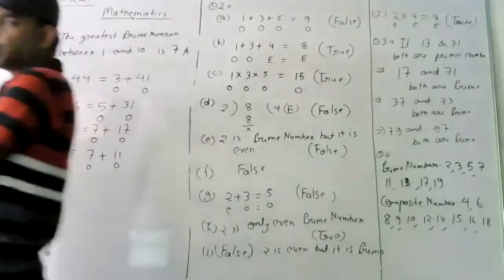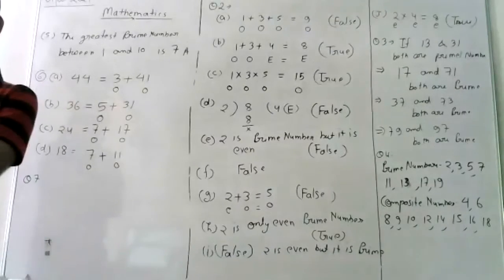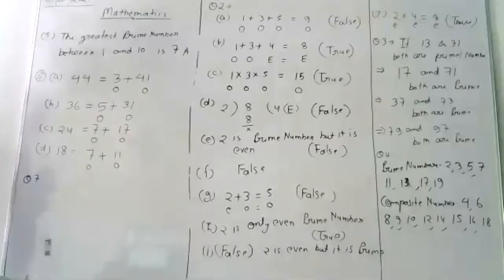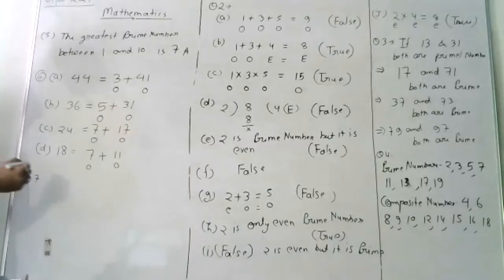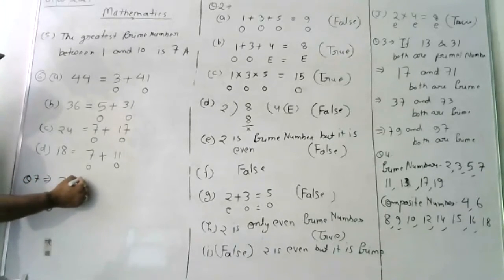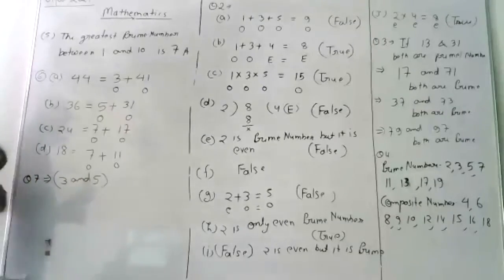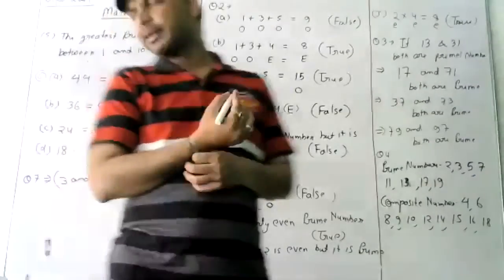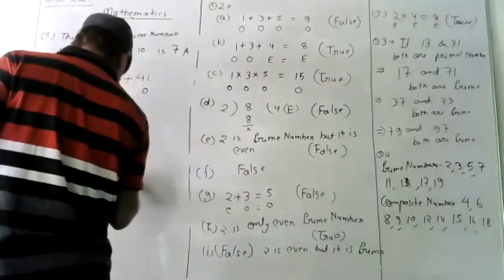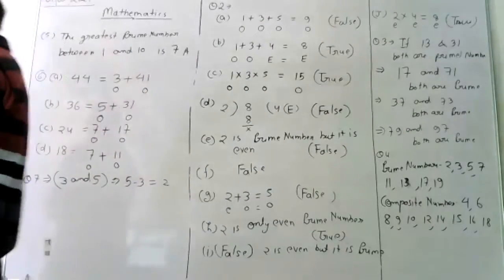The remark says that two prime numbers whose difference is 2 are called twin primes. So the first pair is 3 and 5, two prime numbers whose difference 5 minus 3 is equal to 2.